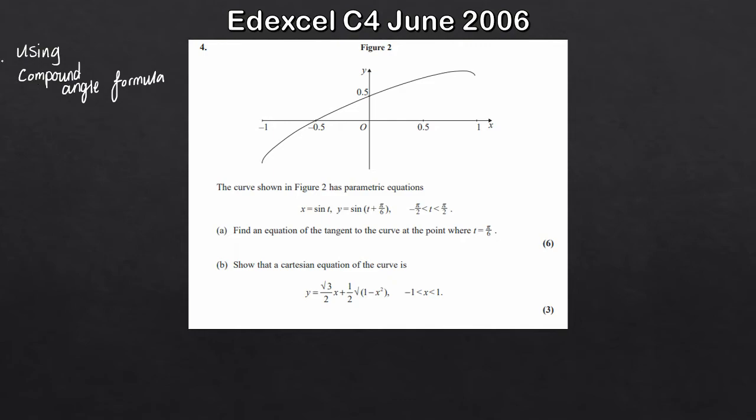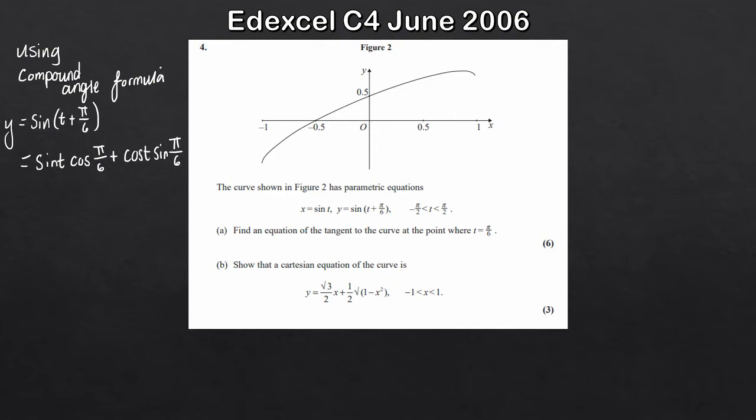So doing this for y then, that's going to give us sine of t times cos of pi over 6, plus cos of t and then sine pi over 6.